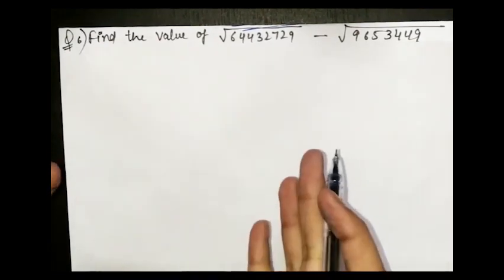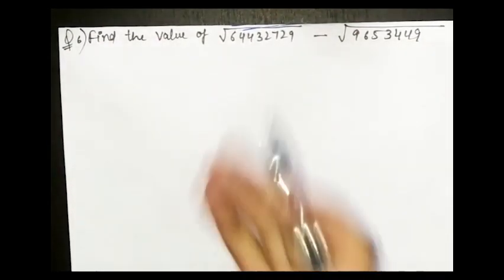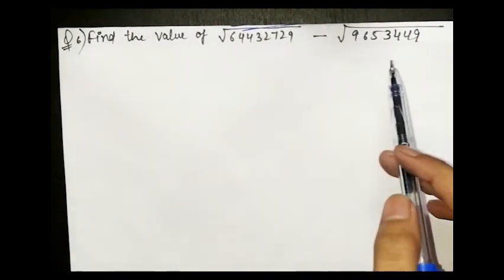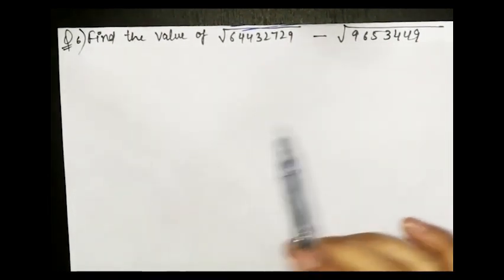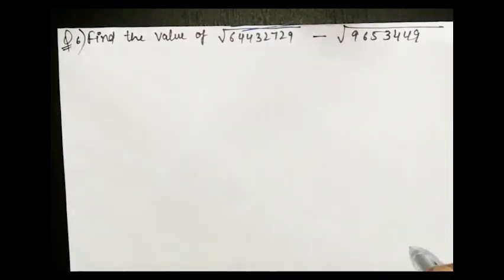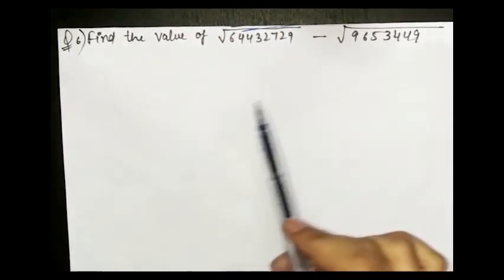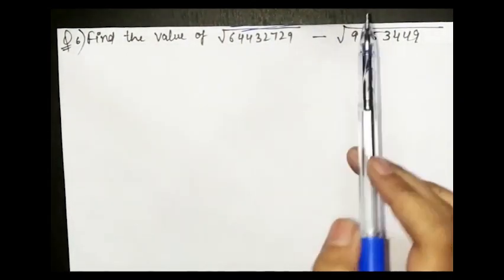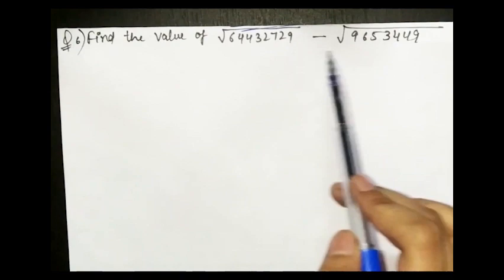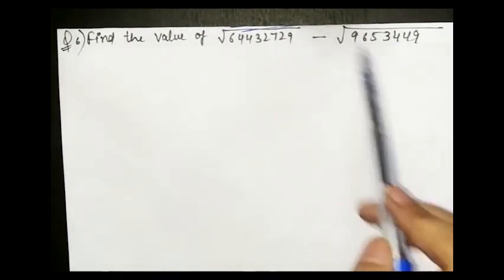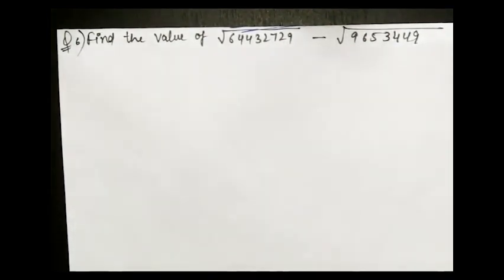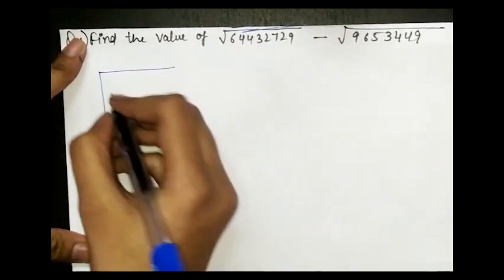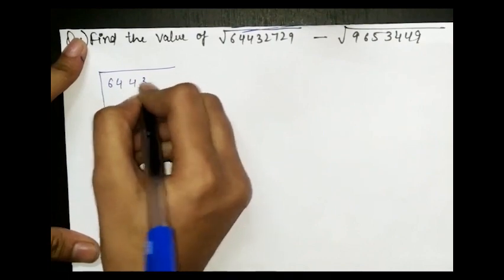First we have to take the long division of 6443279, and then we have to do the long division of 9653449, and then when we get the answers, we have to subtract, as it is written that we have to subtract the square roots of these two. So let's do this question. First you have to make this 6443279.